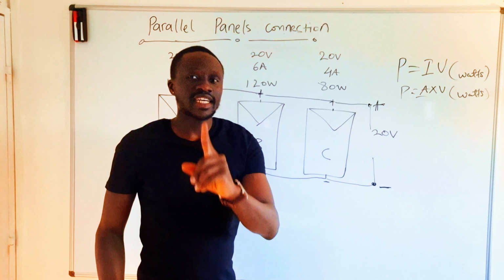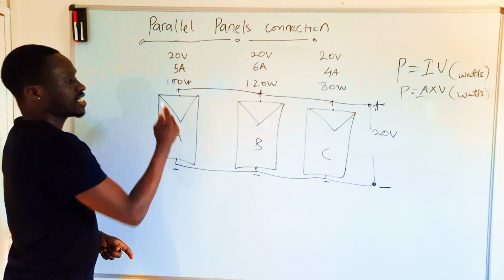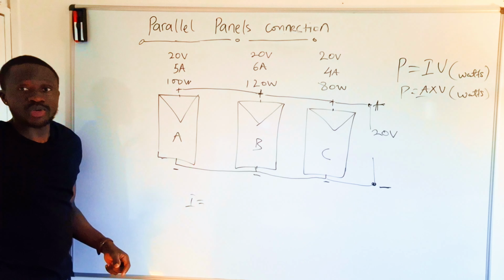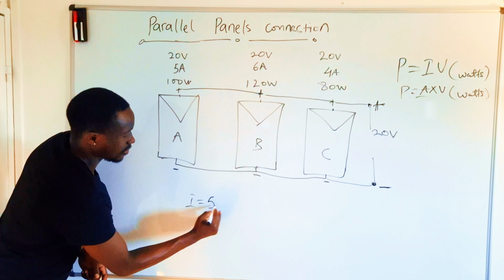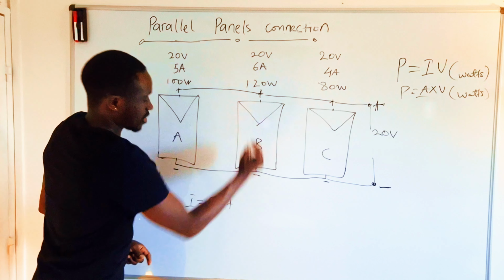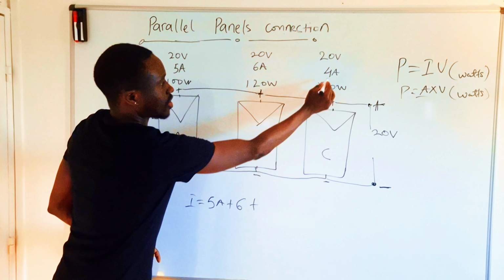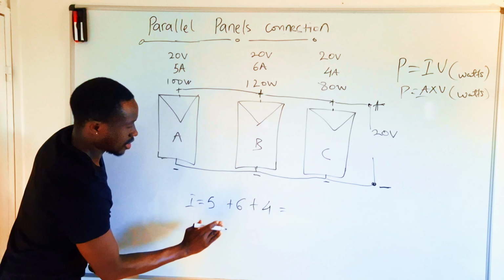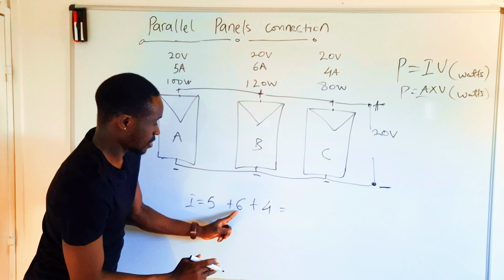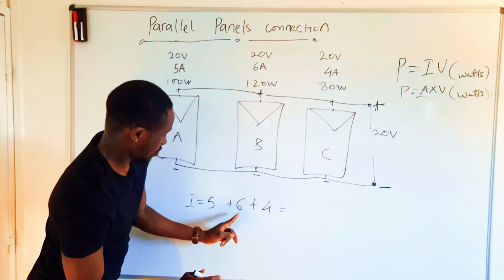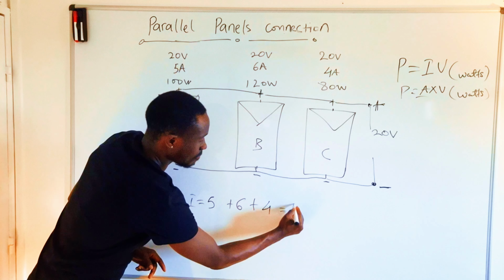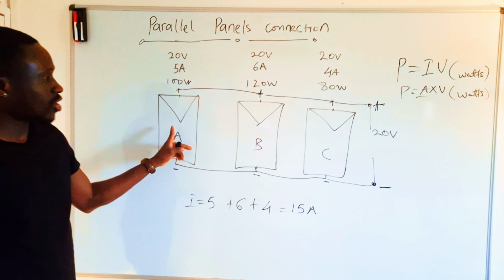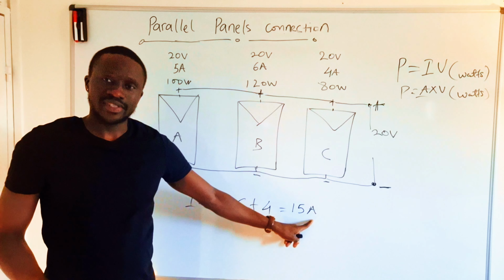Now when you measure the current, this current will increase. 5 amps plus 6 plus 4, 10, 15. It will give you 15 amps. All panels' current has increased.